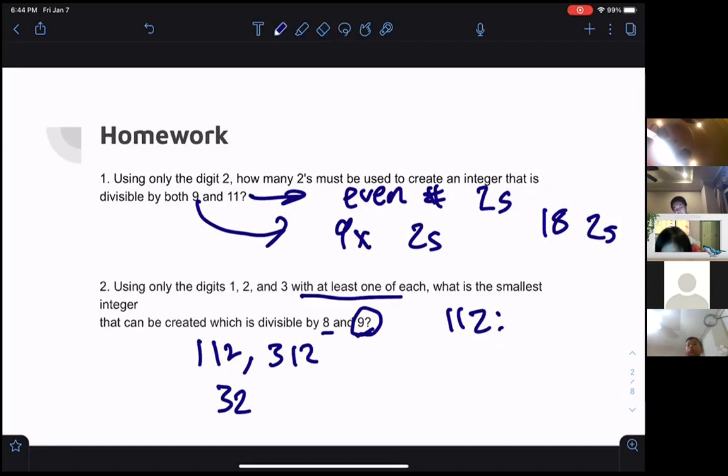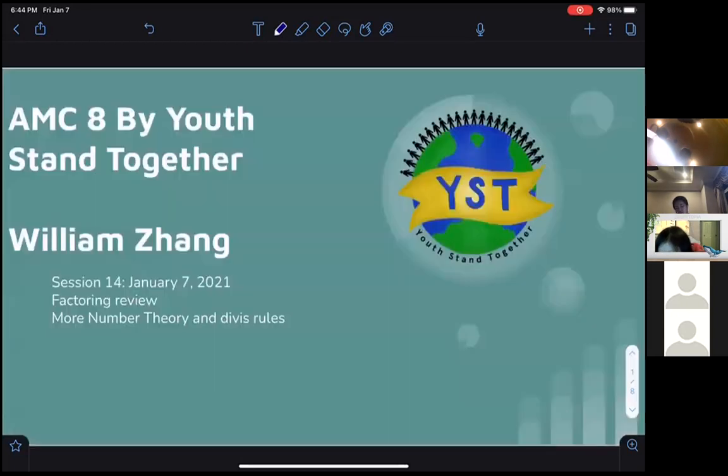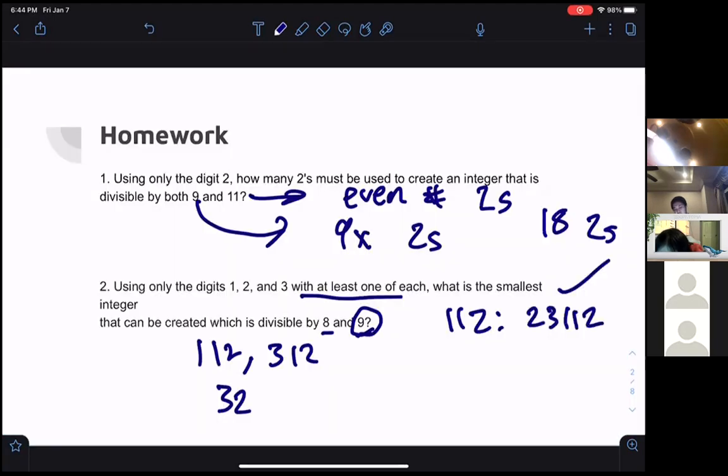So we need to add some digits that will sum to something equivalent to 5 mod 9. The smallest way would be 2 and 3, using the digits we have on hand to make 5 mod 9. Of course, we want smallest first, because we want to minimize this number. And this satisfies everything so far, because there's at least one of each: 2 1's, 2 2's, and 1 3. And thus, this number is the smallest for this case.